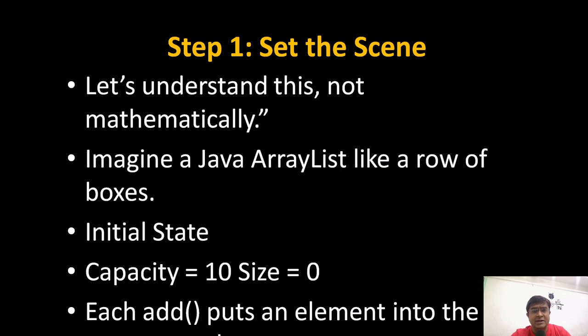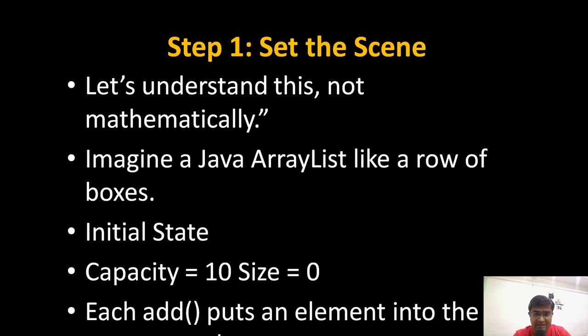Let's understand a scenario where you have an empty ArrayList, which is considered to be a row of boxes. Assume the ArrayList has an initial capacity of 10 and size 0. You are adding elements into the empty boxes.